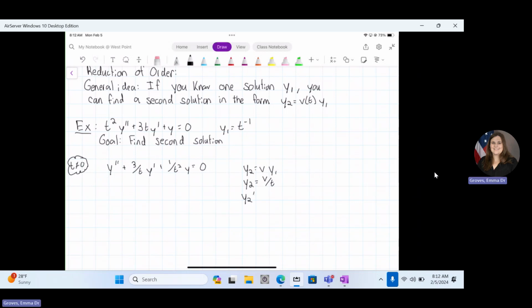So y2 prime is going to equal v prime over t minus v over t squared.